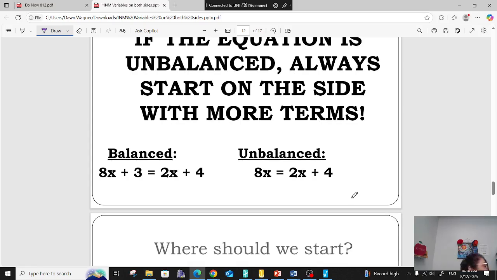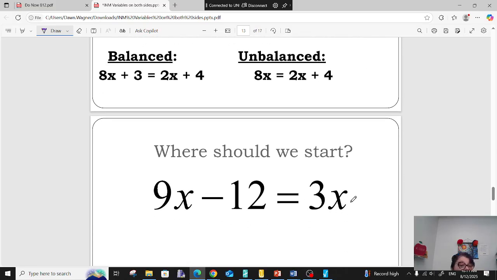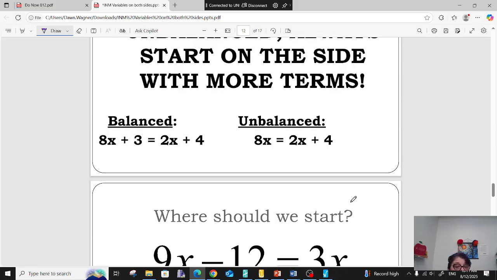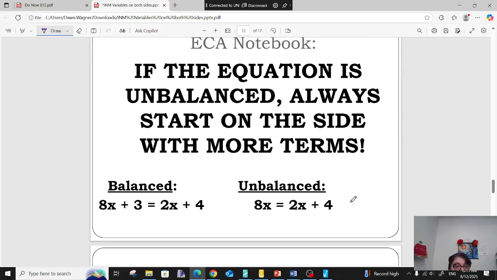The only reason I'm saying that is because when we get to inequalities, we do. For these, technically, you could put them on either side. If the equation is unbalanced, always start on the side with the more terms.